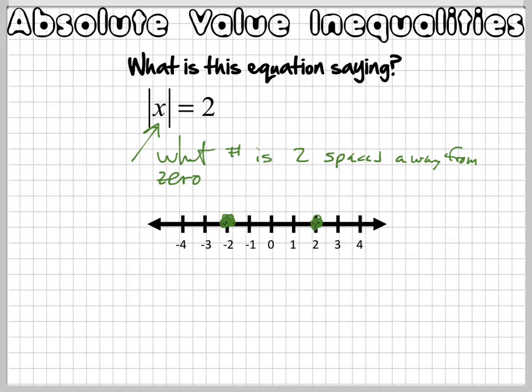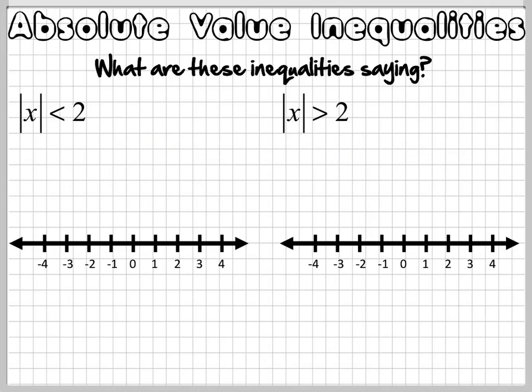Okay, so here, let me give you another example of when we would see absolute value bars. What about these inequalities? What do these say? It says what numbers are less than 2 away from 0.